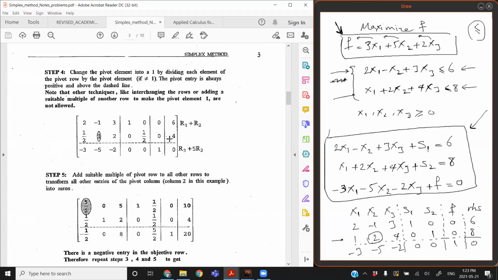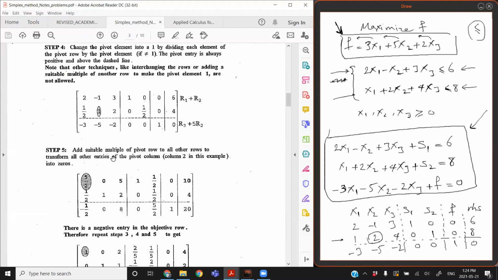So you get this. Make sense? So you find your pivot position and you introduce a 1 by dividing that row by the right number. In this case, I have a 2 here. To get a 1, I need to divide by 2.